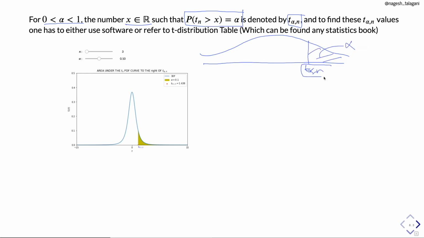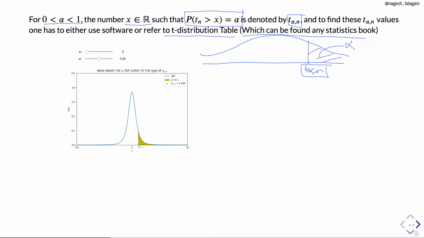Such a location is denoted by t_{alpha,n}. These t_{alpha,n} values are heavily used in many statistical methods. To get these t_{alpha,n} values, one has to either use some software packages or refer to some t distribution tables which can be found in many statistics books.